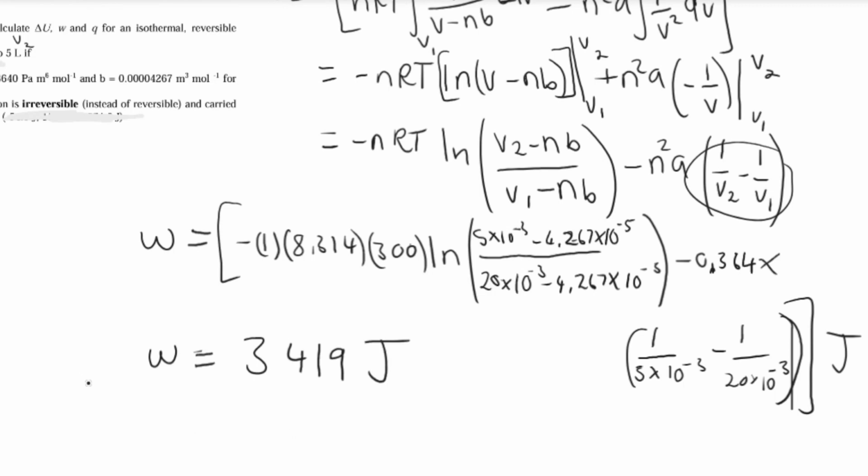Okay, calculating the last one, we can just do it here quickly. We know the answer is that, and then we can put here delta U is the same as Q plus W. Okay, and then we can make Q subject of the formula because we are looking for it. Q is the same as delta U, that is minus of what?